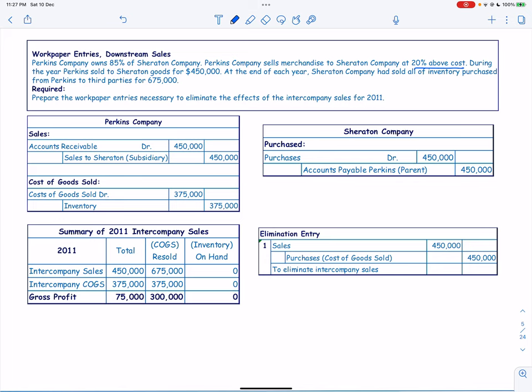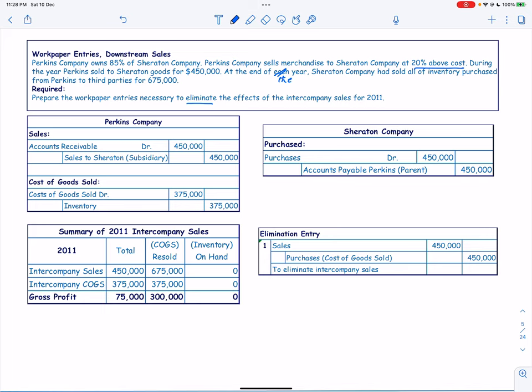During the year, Perkin sold to Sheraton goods for $450,000, and at the end of the year, Sheraton Company had sold all of the inventory purchased from Perkin to third parties for $675,000. Prepare the work paper entries necessary to eliminate the effect of the intercompany sales for the year 2011.